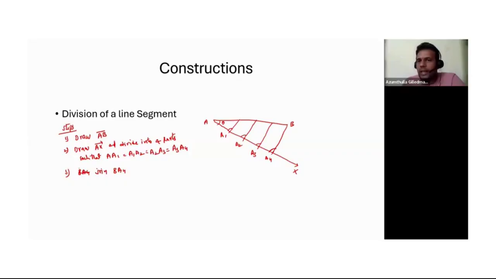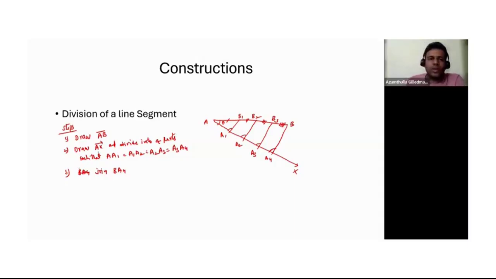They touch the line at these points, right? Let's say these points are B1, B2, B3. Now the line segment AB is divided into 4 equal parts.